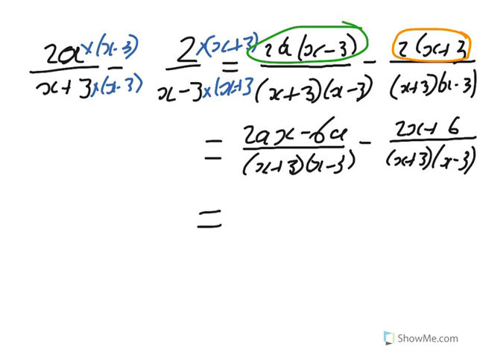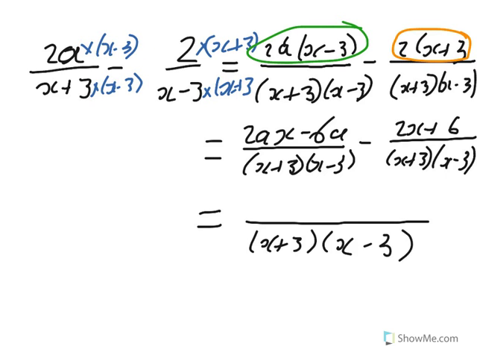So then finally, we have a common denominator, x plus 3, x minus 3. And on the top, there's not a lot we're going to be able to do with that. So 2ax, because there are no like terms, minus 6a, minus 2x, minus 6. And that's what we end up with.